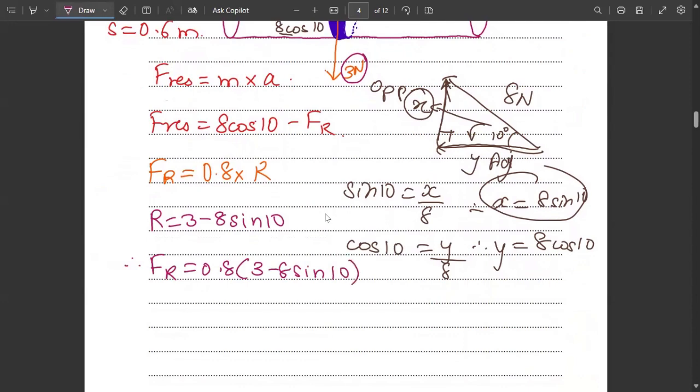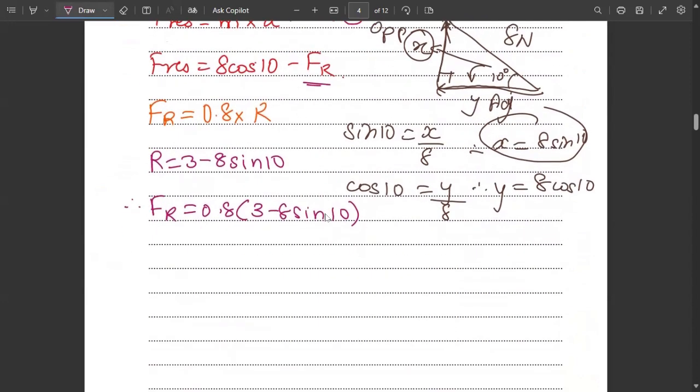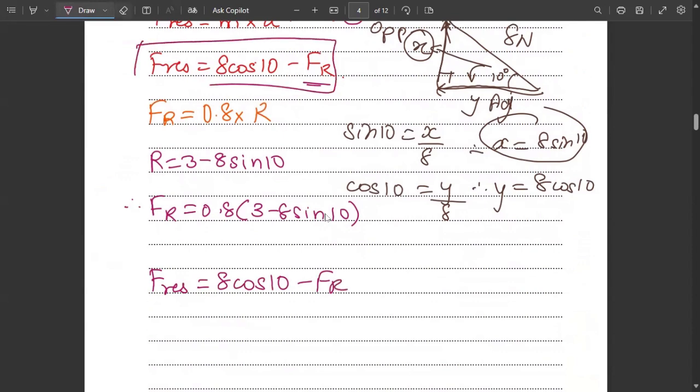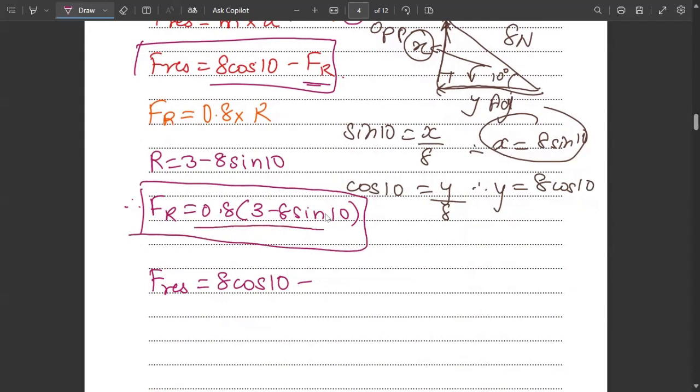So now we also know Fr. Let me rewrite it here. F resultant is equal to 8 cos 10 minus Fr. We know this equation, and in place of this Fr, I will write 0.8 bracket 3 minus 8 sine 10.